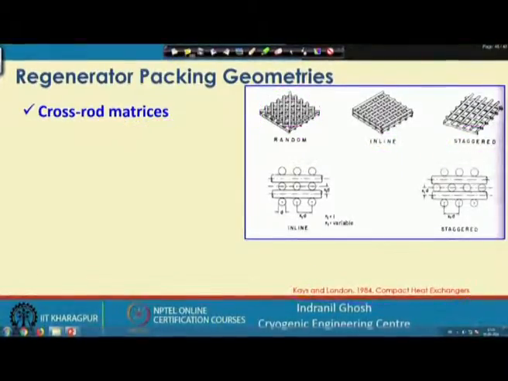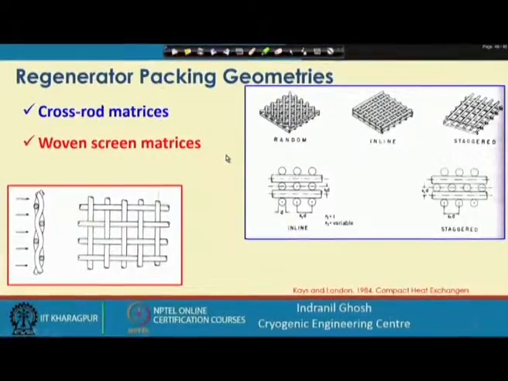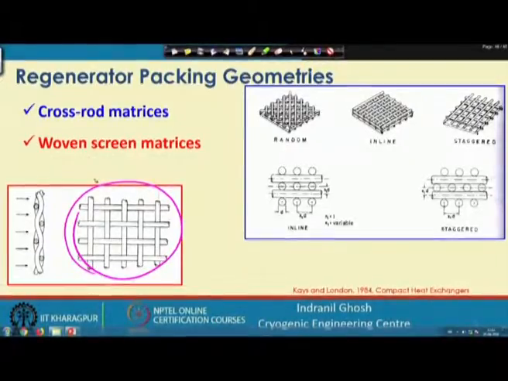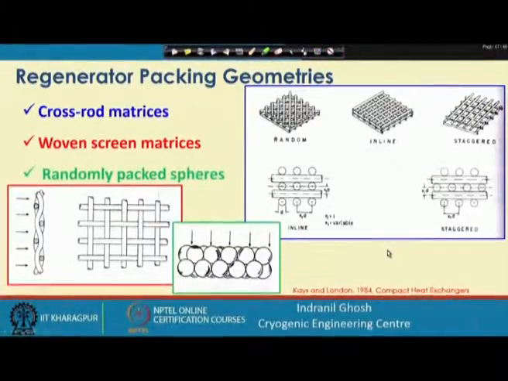Other than that, we also have these woven screen matrices, which we regularly use as the matrix or regenerator packing material. Another commonly used material is randomly packed spheres or loosely packed spheres.